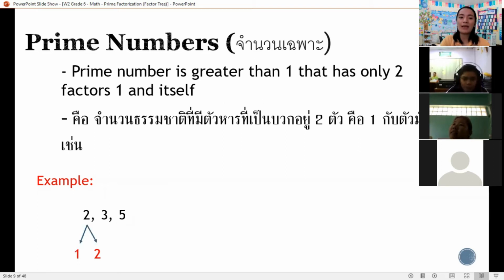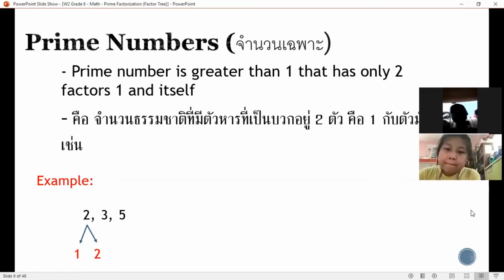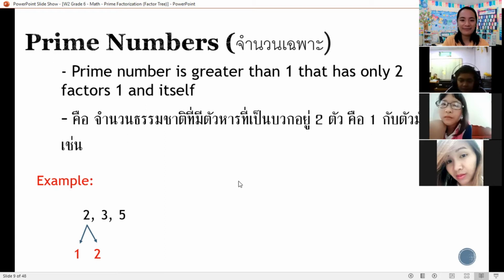Next, number 3. What are the factors of 3? Remember, prime numbers have only 2 factors. So what are the factors of 3? 1 and 3. Very good. How about 5? 1 and 5. Very good, Pan.